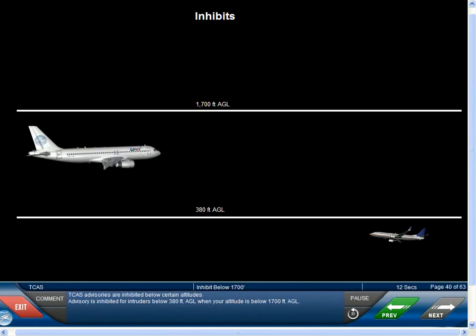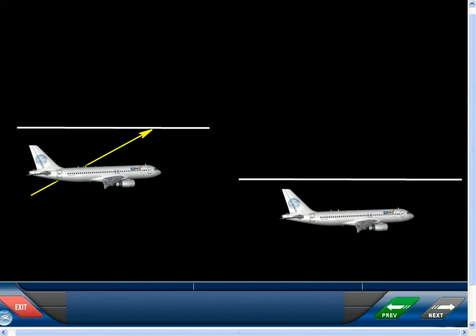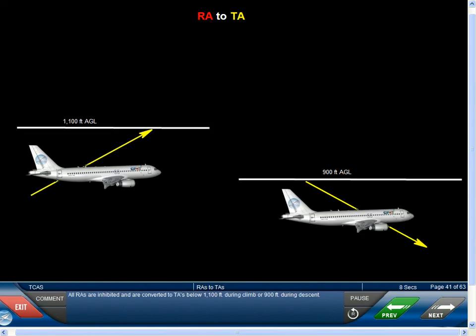TCAS advisories are inhibited below certain altitudes. Advisory is inhibited for intruders below 380 feet AGL when your altitude is below 1,700 feet AGL. All RAs are inhibited and are converted to TAs below 1,100 feet during climb or 900 feet during descent.